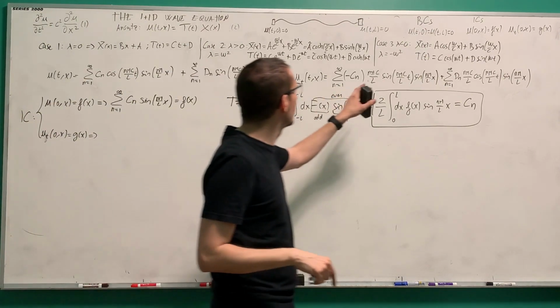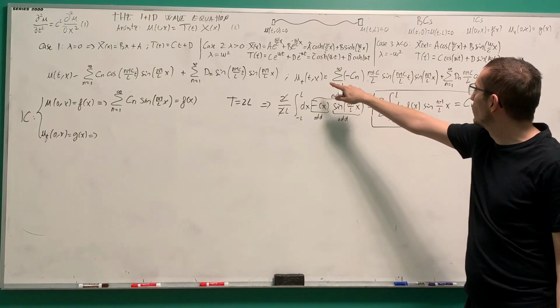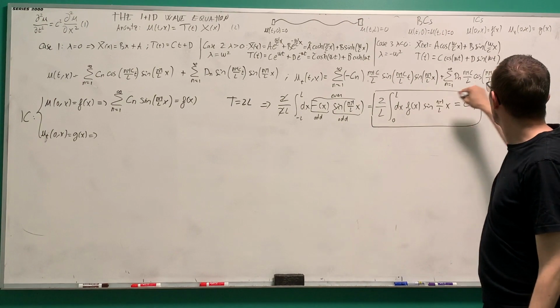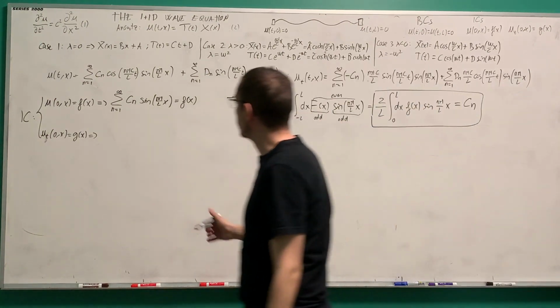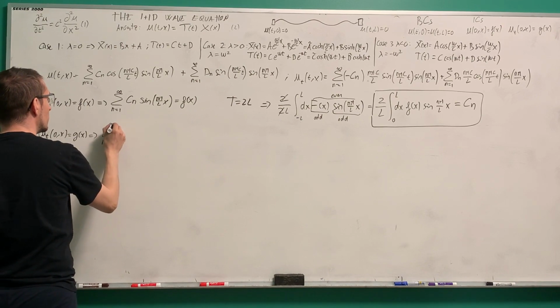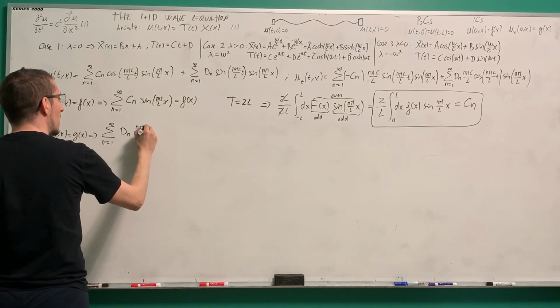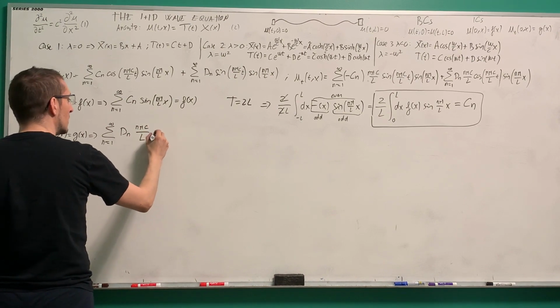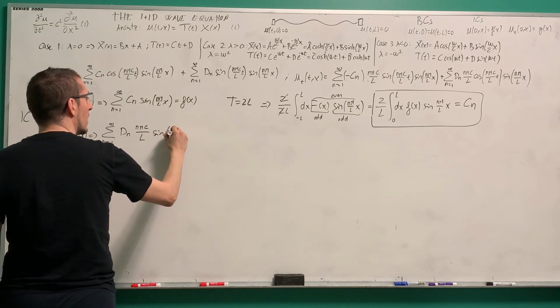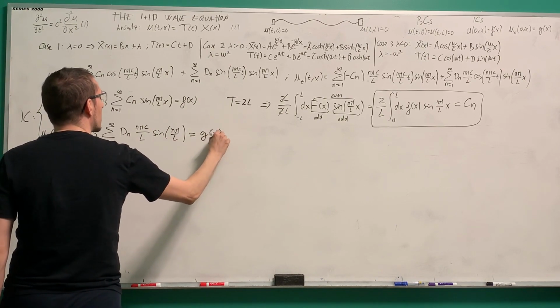So if we go here, we see in the derivative with respect to t that when t is 0, the sine cancels and the cosine becomes 1. So on the left hand side, n equals 1 to infinity, and we get dn times n pi c divided by L sine n pi x divided by L equals g of x.